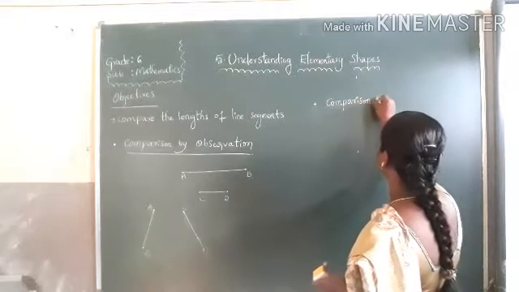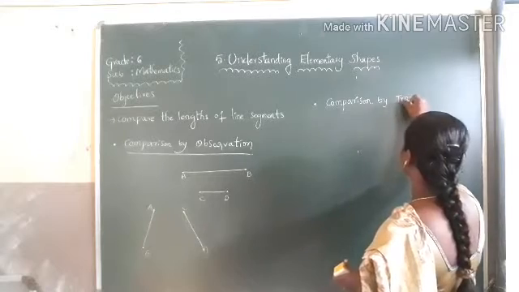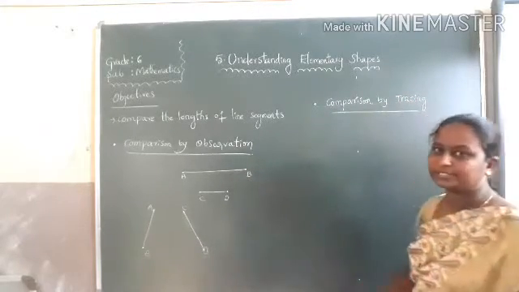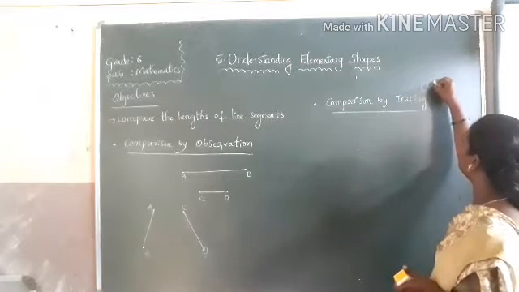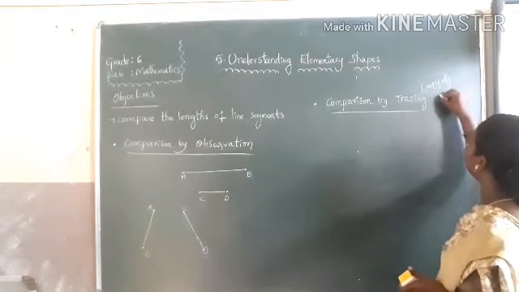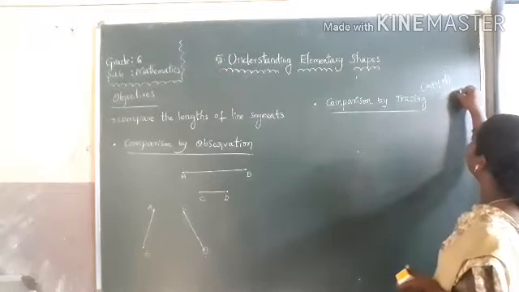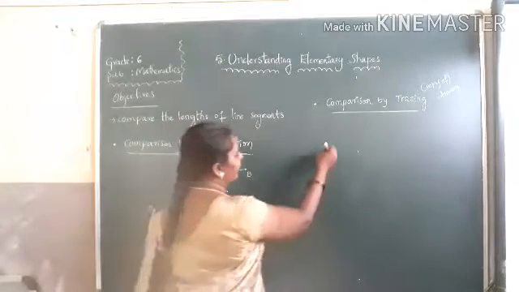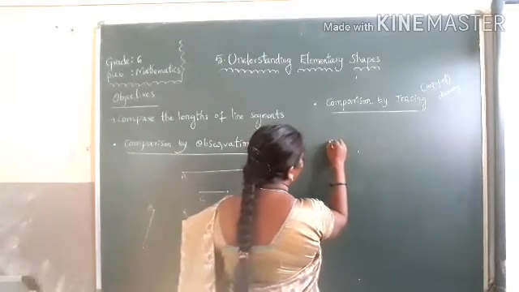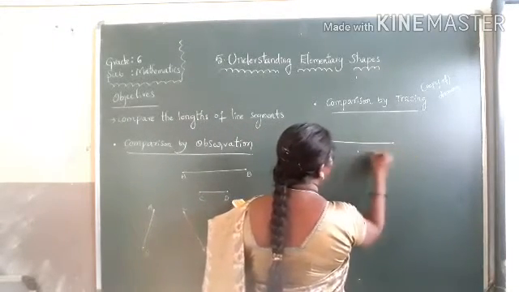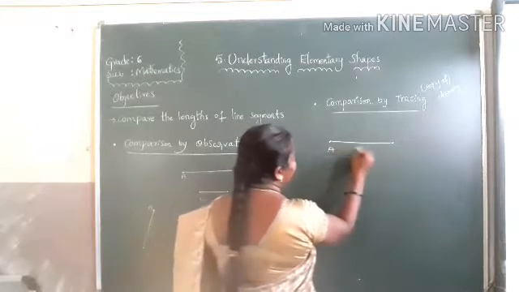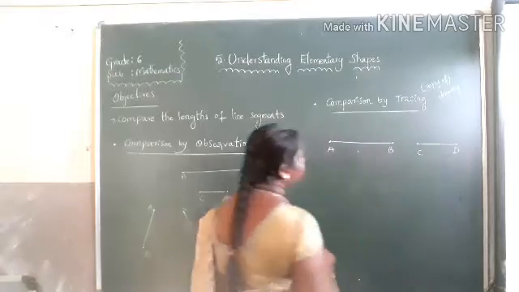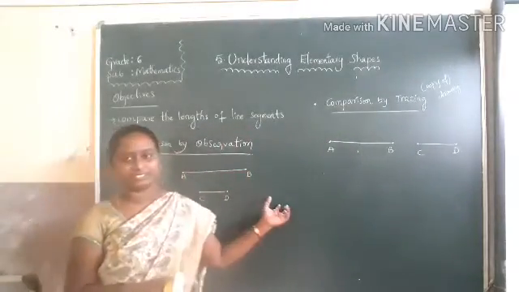Comparison by tracing. Tracing means a copy of a drawing, a copy of any picture. So how to trace two line segments? Here I have given two line segments, AB and CD.